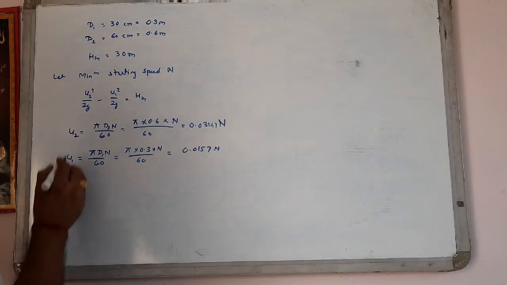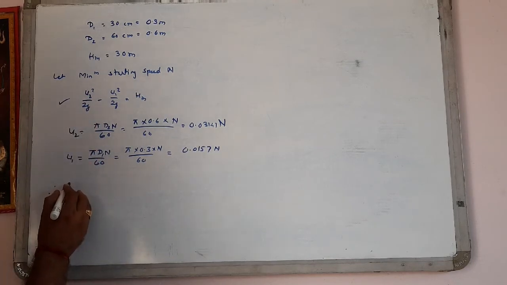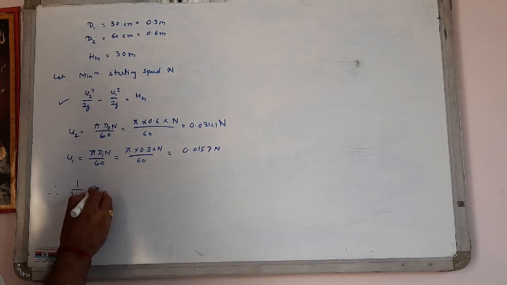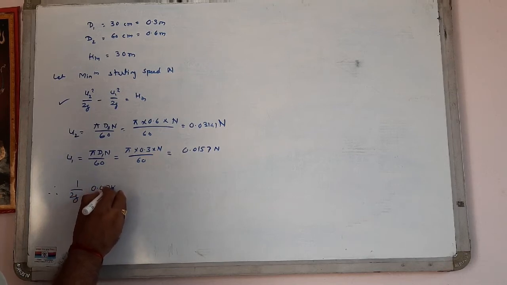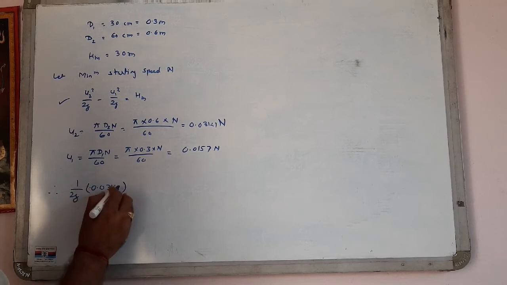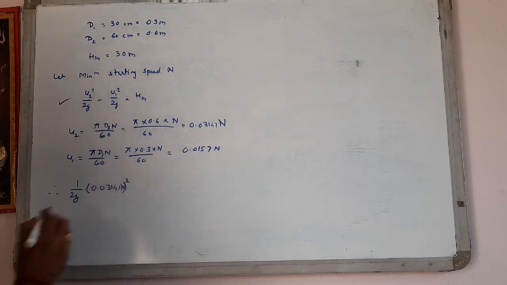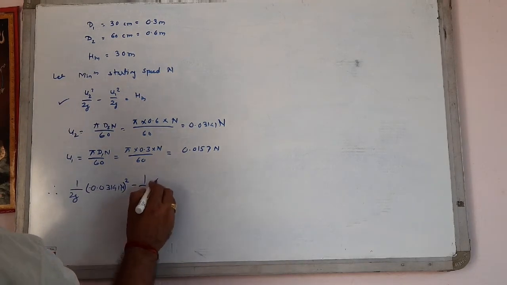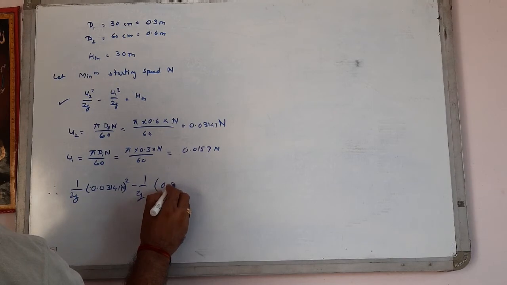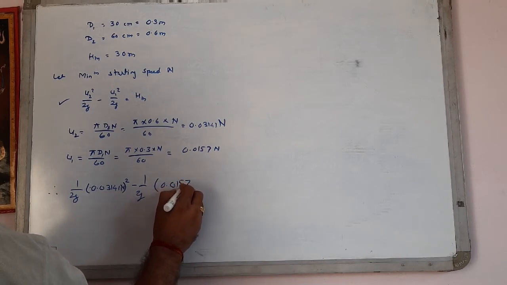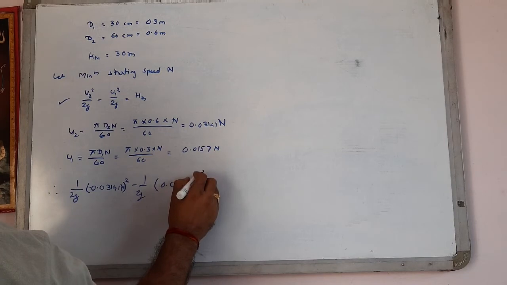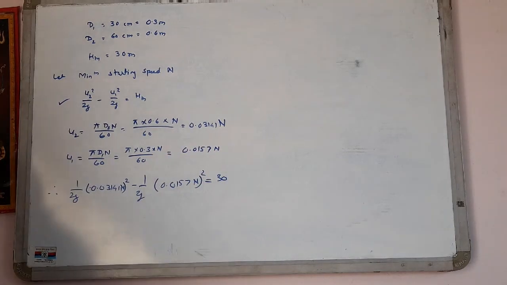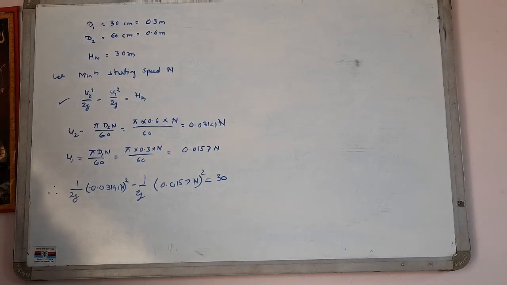So putting the values in this equation, this is 1 by 2g into 0.3141 n square minus 1 by 2g into 0.157 n square equal to HM, which is 30 meter given.